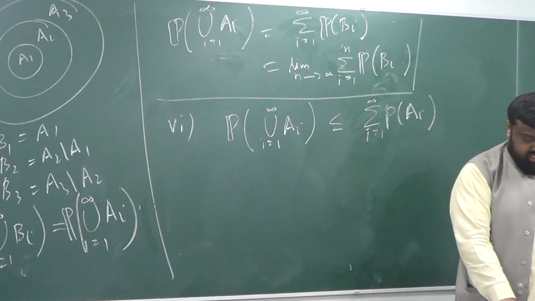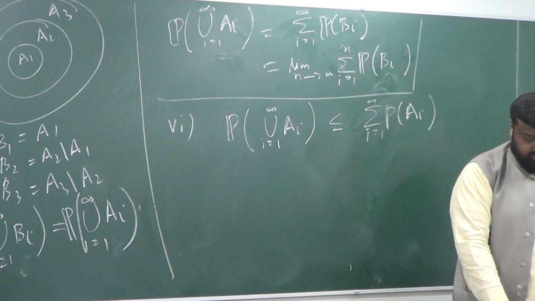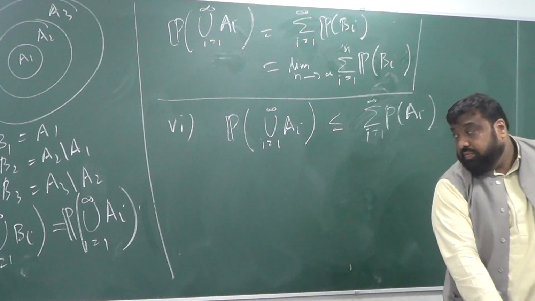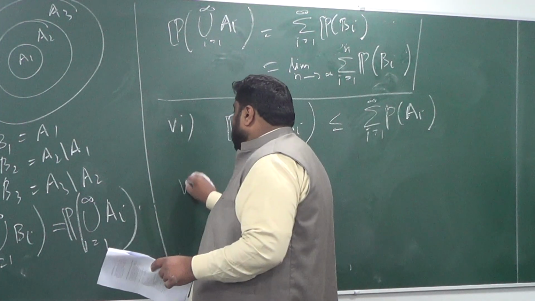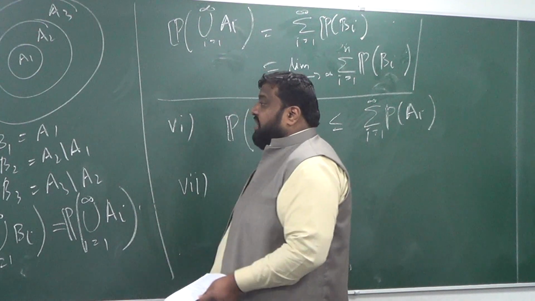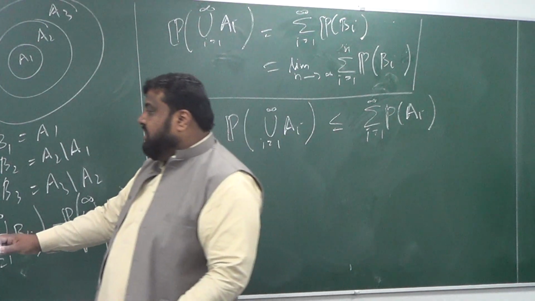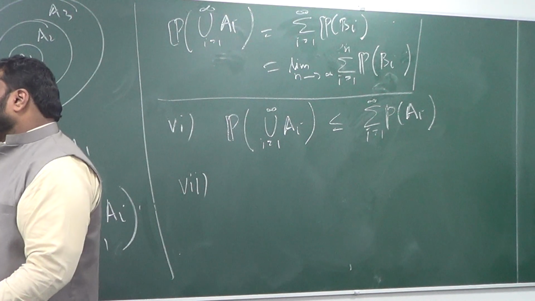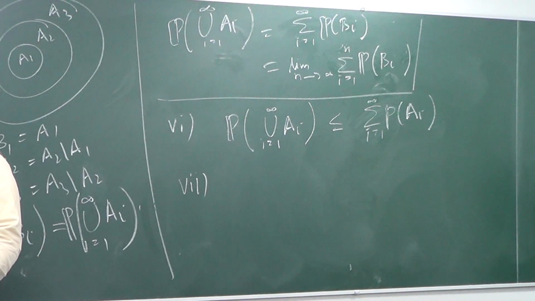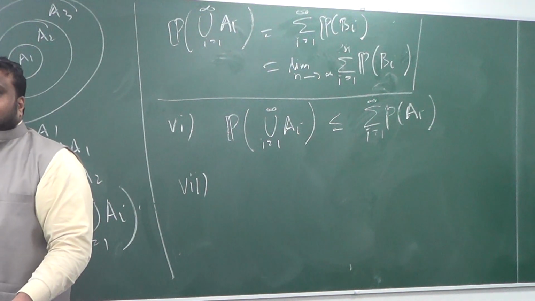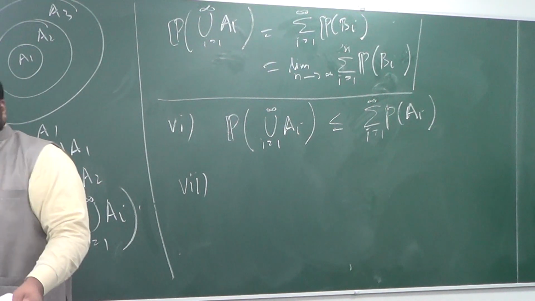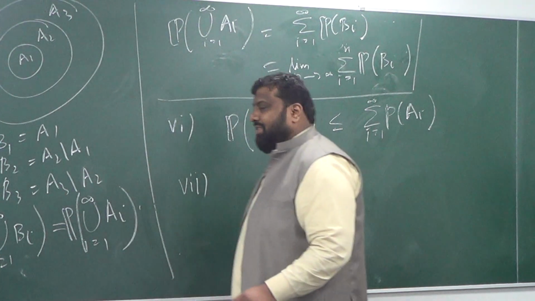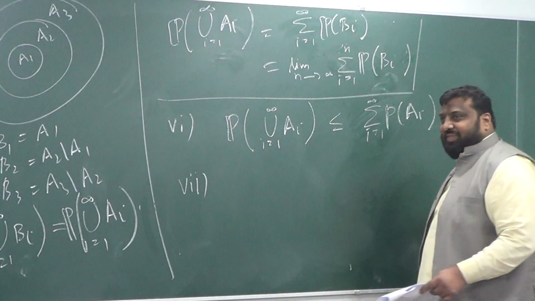So what to do with it? Let me write seventh first, which I'm not going to prove. It is just a dual to this statement actually, fifth actually. So here you have increasing sequence. What if you have a decreasing sequence actually? And instead of taking union, you have intersections actually. Are you getting the point?